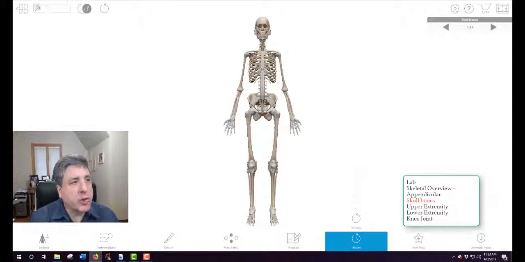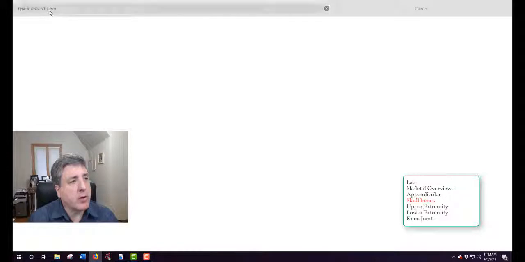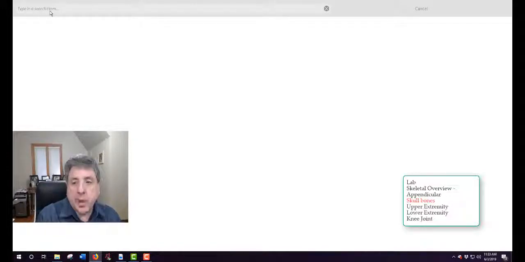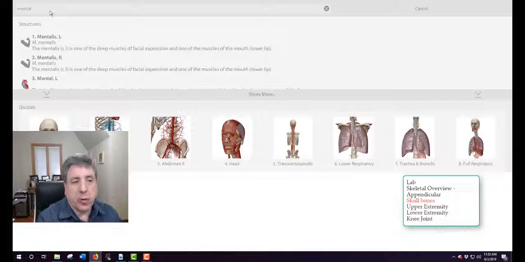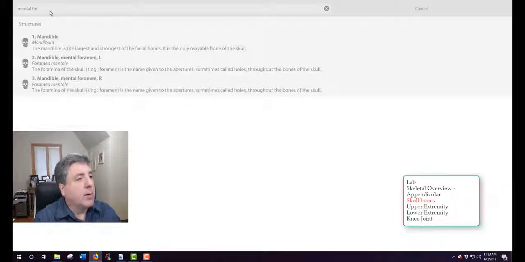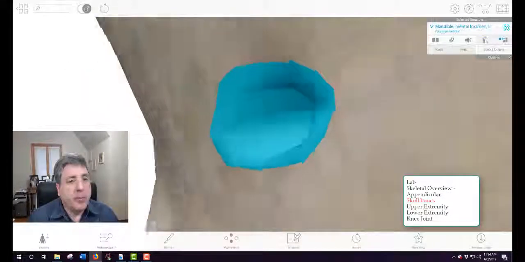There is a search bar on here, which is really easy to locate some of these structures. So if you want to type in a term, so let's look at the mental foramen. This is one of the structures that you will be required to know.